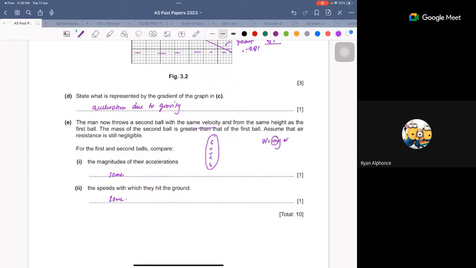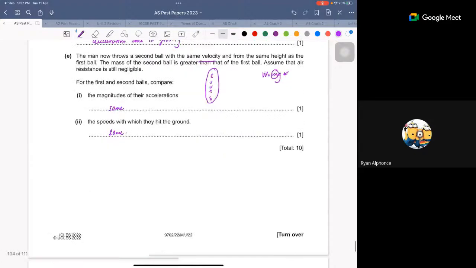But other than that, with respect to the time it will take to fall and the velocity it will reach at the end, it has nothing to do with mass. Yes, if this was a terminal velocity question, then obviously we would have thought that the weight does affect how quickly you reach a terminal velocity. But that's different.